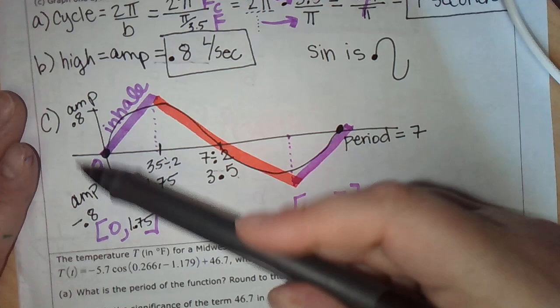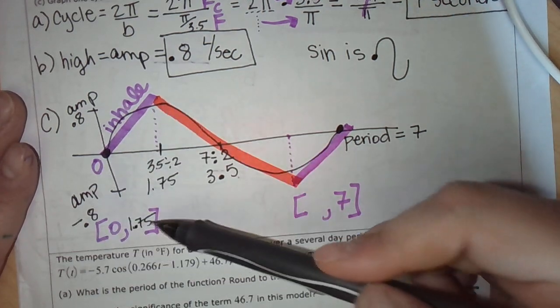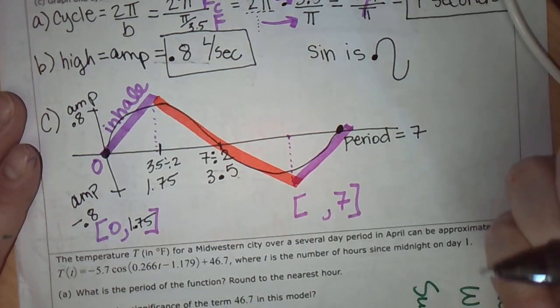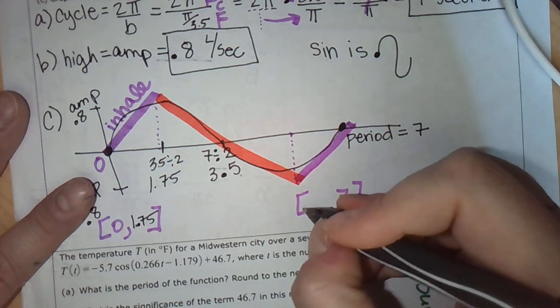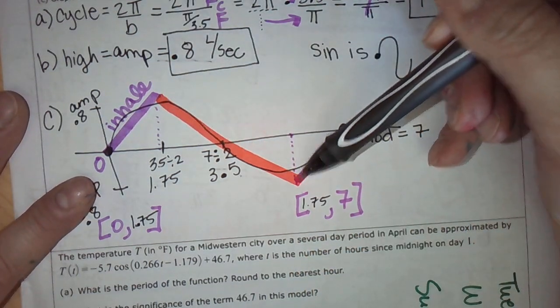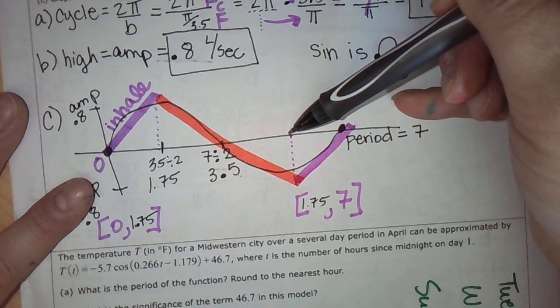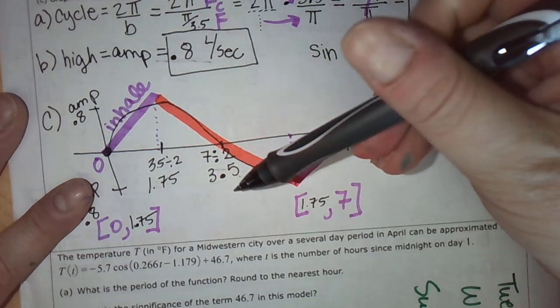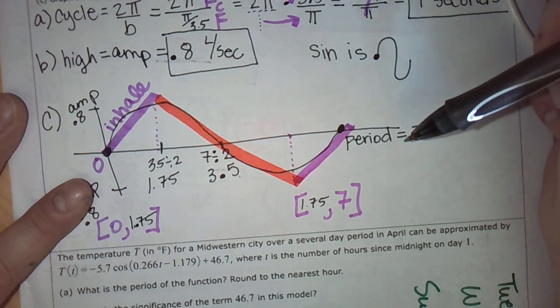So this is saying that the guy inhales from 0 to 1.75 seconds. Then he exhales from 1.75 to whatever the x value is here. Well, I can't do 3.5 divided by 2. I can't do 7 divided by 2.